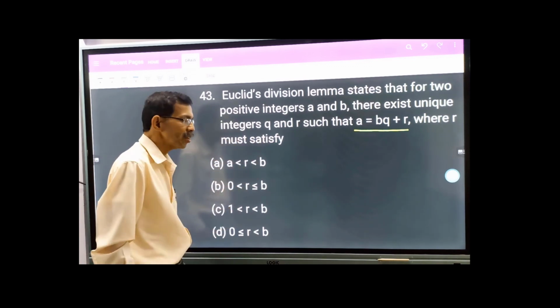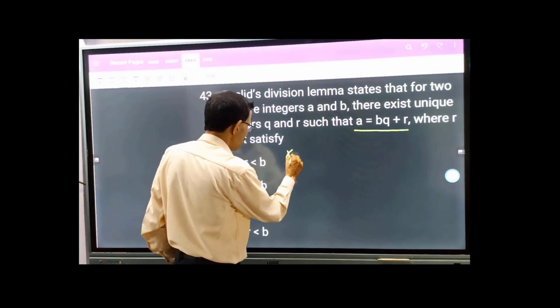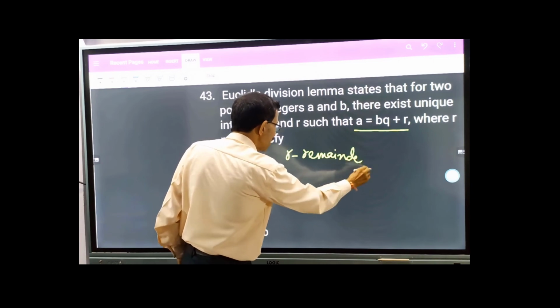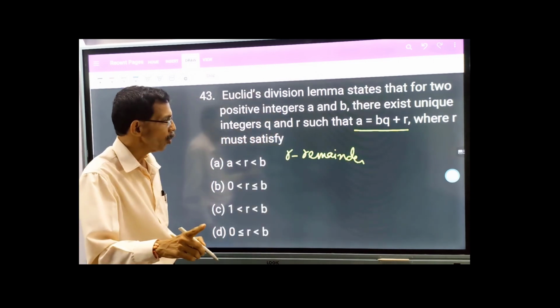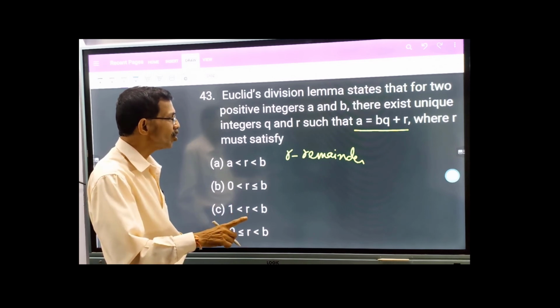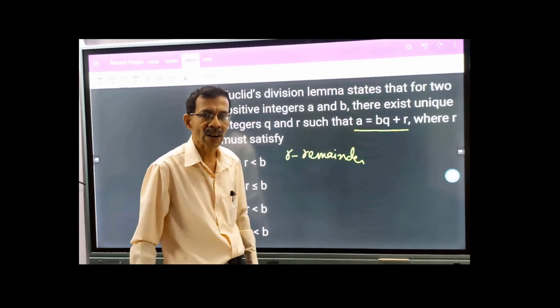Which relation should r satisfy? R is the remainder, and remainder can be 0 or it can be greater than 0, but it should always be less than its divisor.